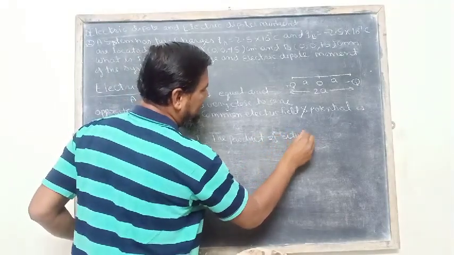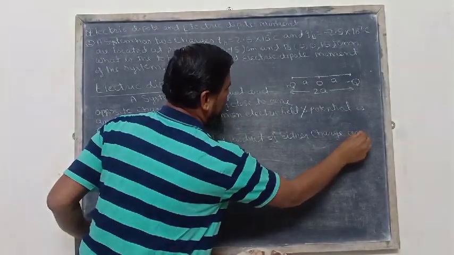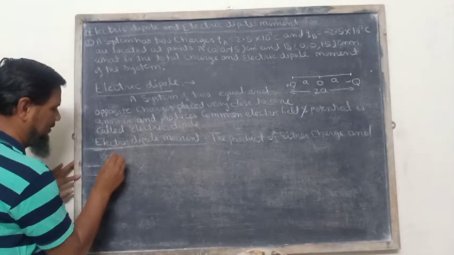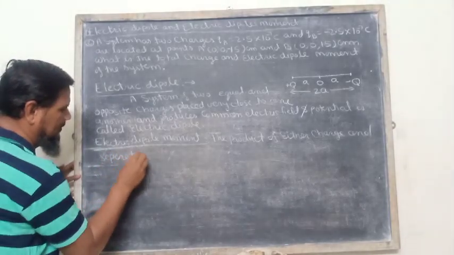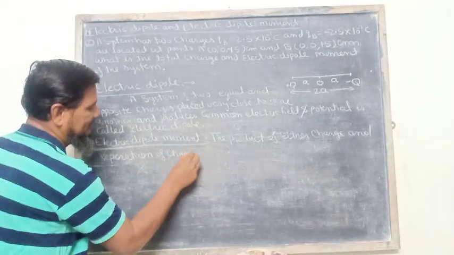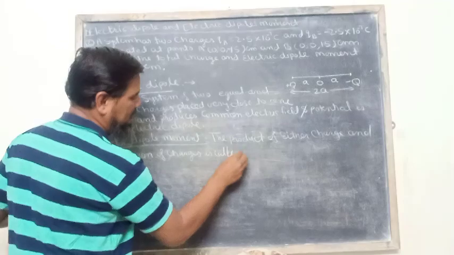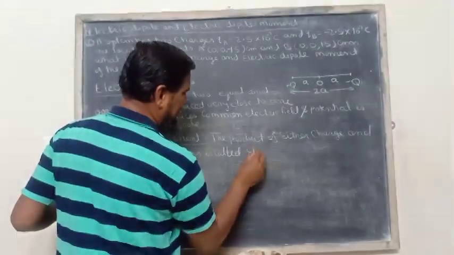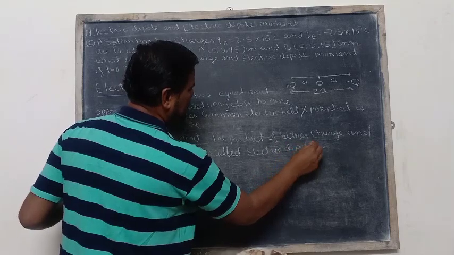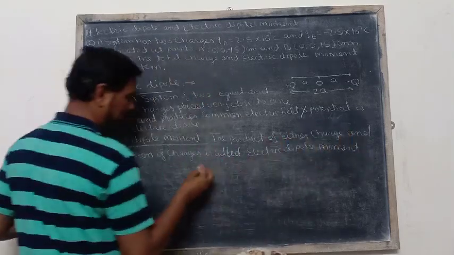So the product of either charge and separation of charges is called the electric dipole moment.